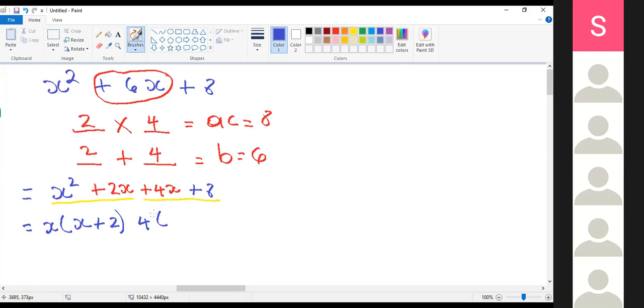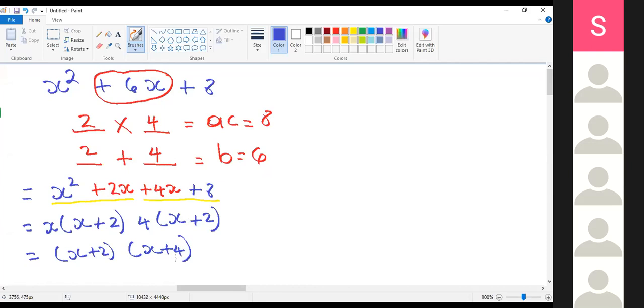And then 4 into 4x, x, and 4 into positive 8, positive 2. And then we do like we usually do, which is to put back what is in the brackets, and then x plus 4 here. So that is your answer to the question.